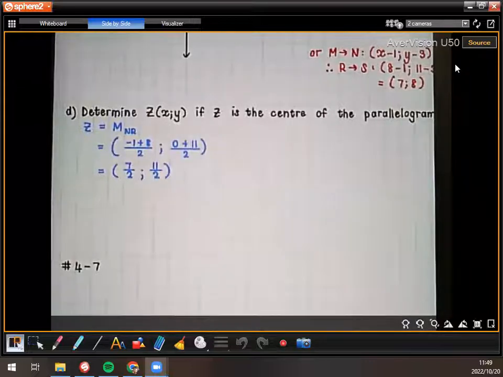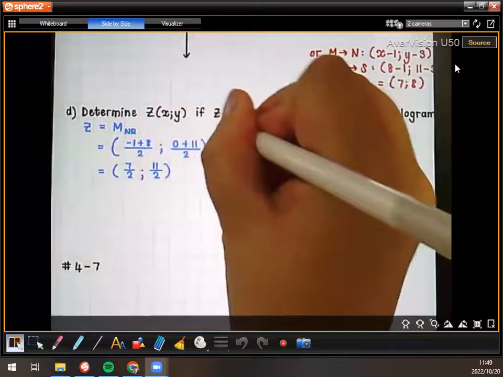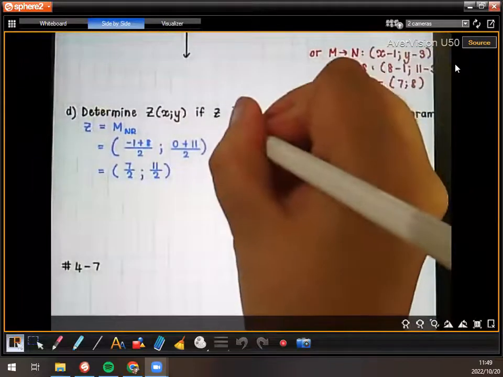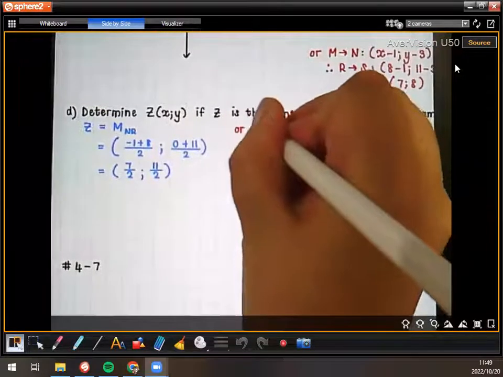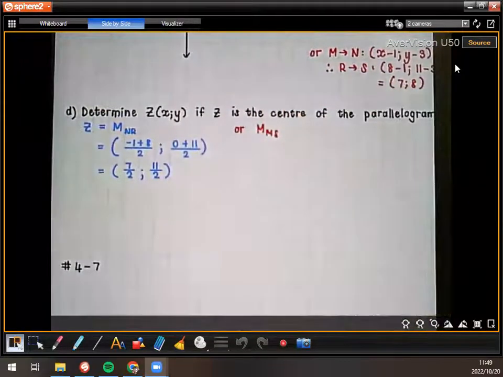So you have to find either the midpoint of NR or MS. Either one of them would have been the same thing. You could have written 3.5, 5.5 if you wanted.